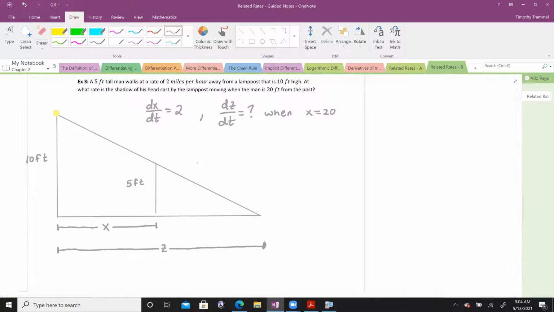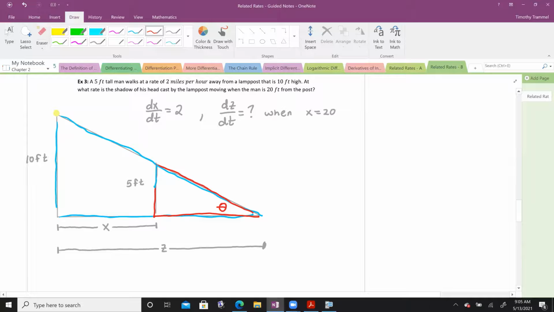And let me go a step further. Let's note that this big triangle and this small triangle, they're similar? Yeah, we have these 2 triangles that actually share an angle here.